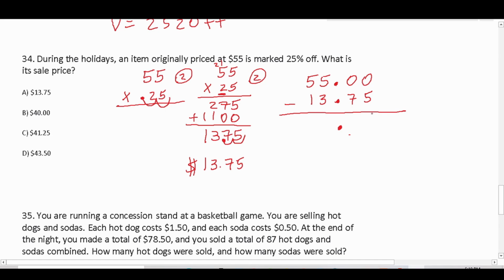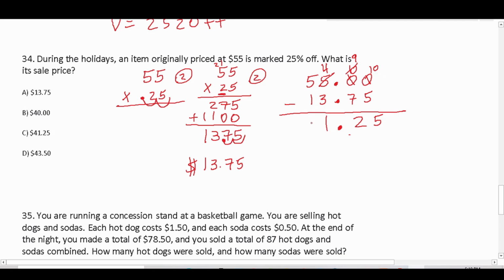But now we're doing 0 minus 5, which we can't do, so we're going to have to borrow. We have a 0 here, so there's nothing to borrow from. So we're going to borrow from this 5. This is going to become 4. This is going to become 10. We're going to borrow one more time. This is going to become 9. This is going to become 10. 10 minus 5 is 5. 9 minus 7 is 2. 4 minus 3 is 1.